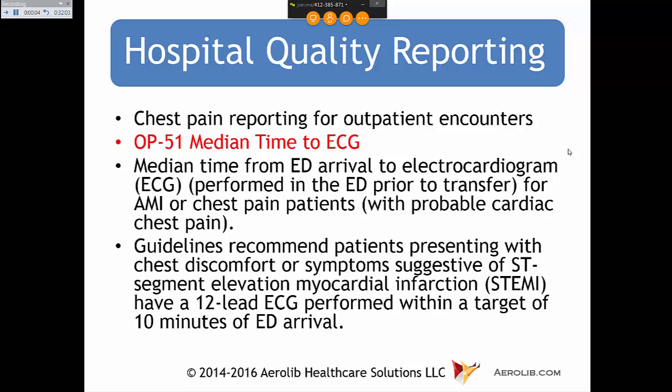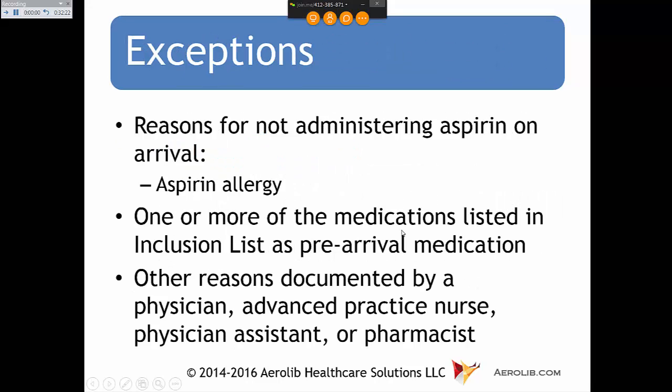These need to be performed in the ER as soon as possible. I know some targets are 8 minutes, some are 15 minutes, but a 12-lead EKG for an ST elevation needs to be done within 10 minutes. So these are things being looked at from a hospital standpoint, as well as quality of care reporting when it goes to the payers.